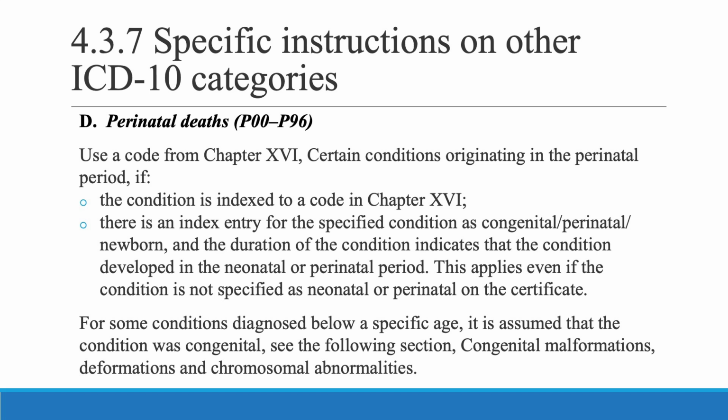This applies even if the condition is not specified as neonatal or perinatal on the certificate. On the slide, there's a little note saying that for some conditions diagnosed below a specific age, it's assumed that these conditions are congenital, and a subsequent instruction that we'll get to momentarily. Right now, we're looking at using a code from Chapter 16 for certain conditions originating in the perinatal period.